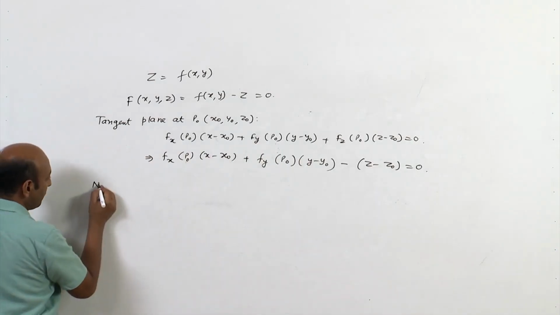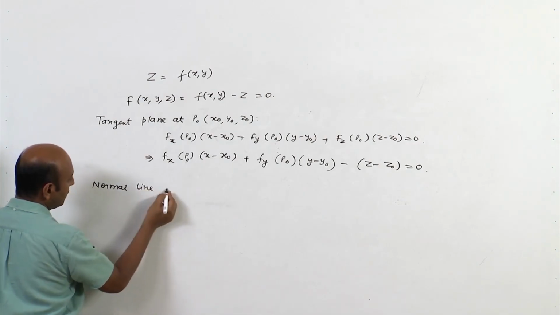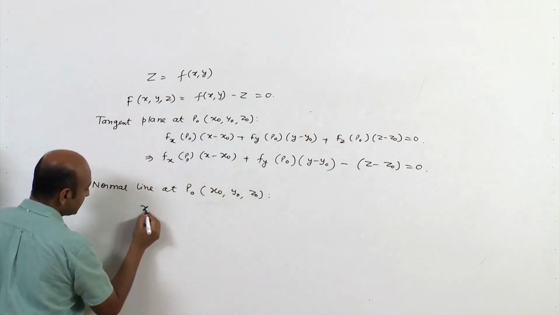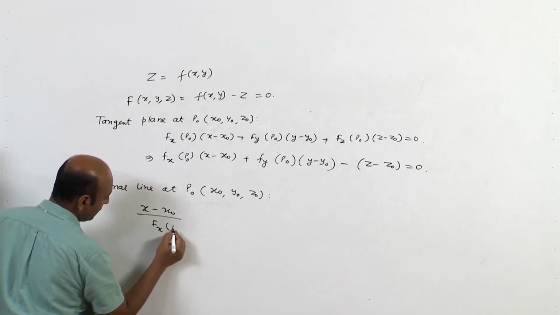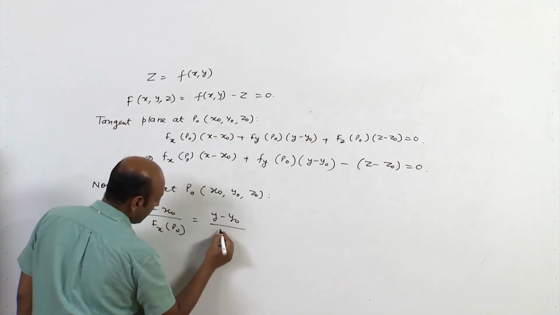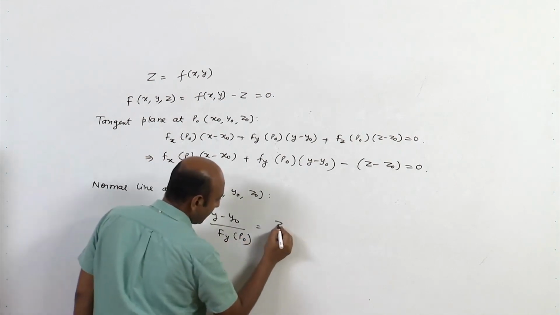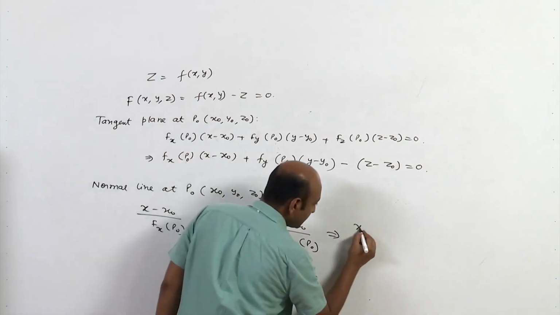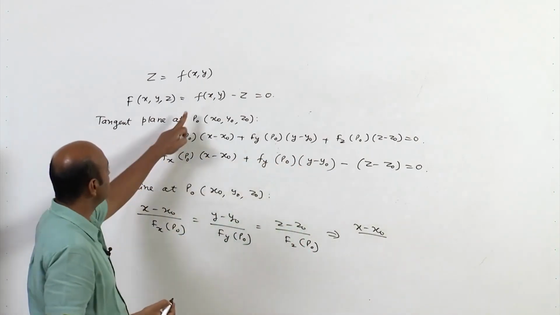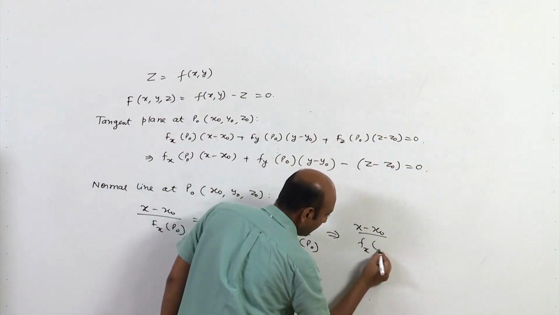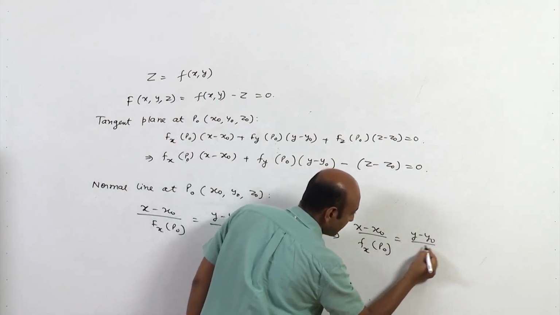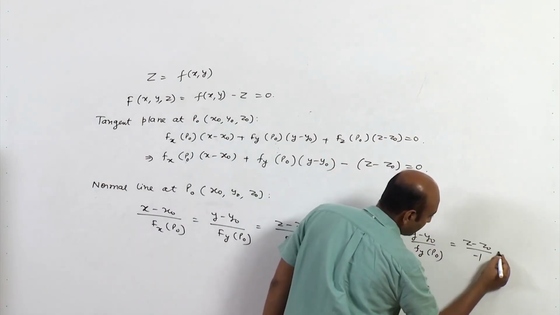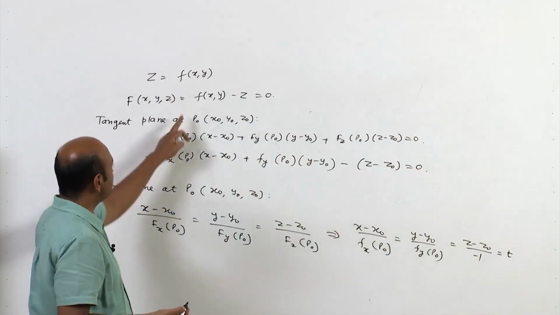And similarly, the equation of normal line at P naught, which is x naught, y naught, z naught, will be x minus x naught upon fx at P naught, y minus y naught upon fy at P naught and z minus z naught upon fz at P naught. Say it is t, fz is minus 1.